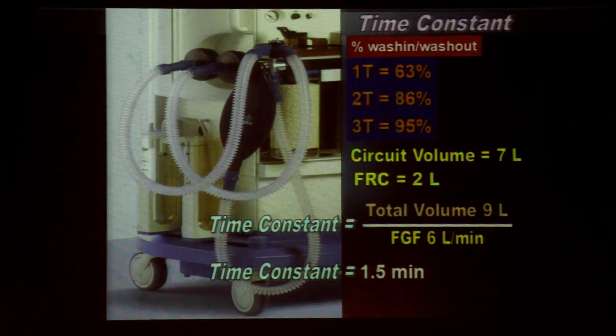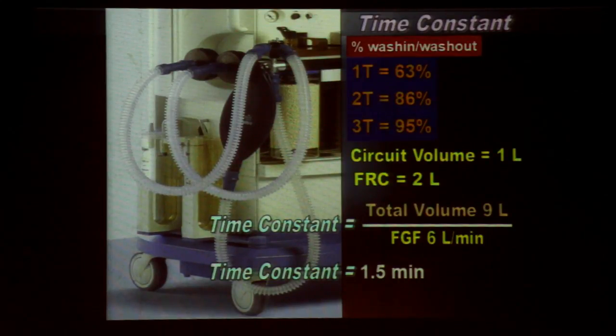That is, it will be 3 minutes. And if it has to be 95%, then it has to be 4.5 minutes. So that is how the time constant tells you how your circuit or the FRC would be equilibrated to the set concentration on the dial. How much time will it take?